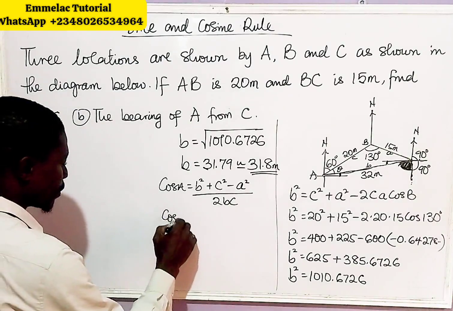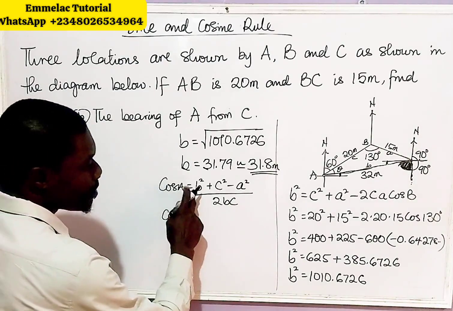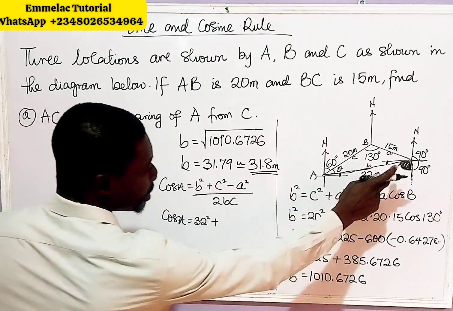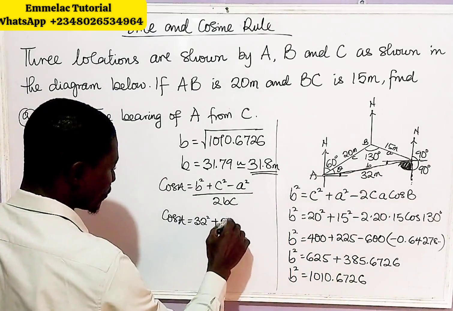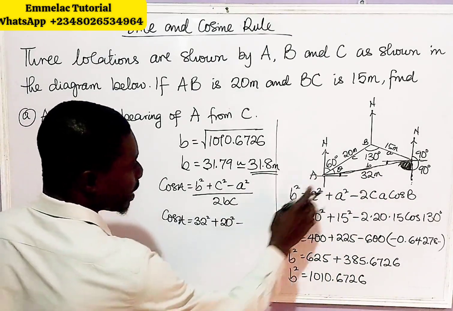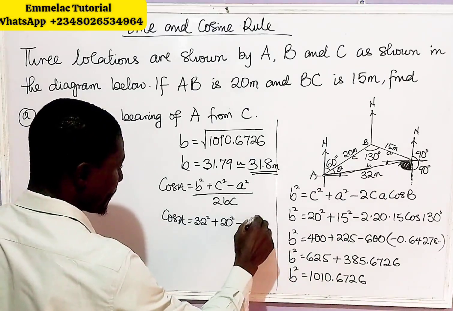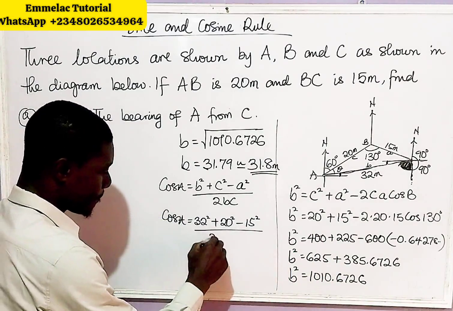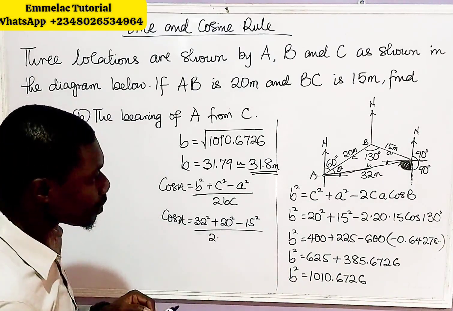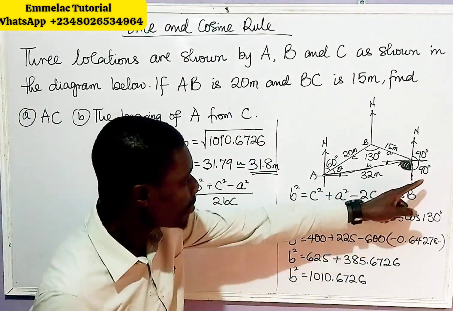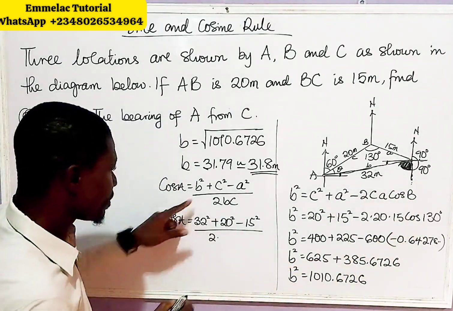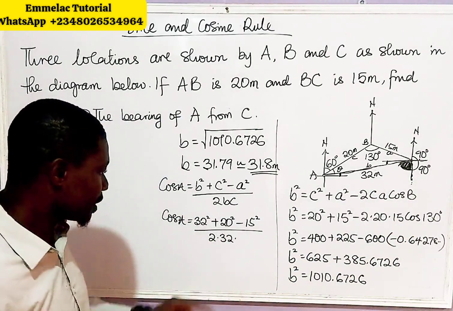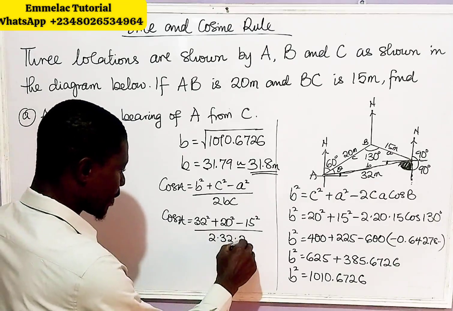So cos A will then be our b here, 32 squared, plus our c, 20 squared, minus our a, 15 squared, all over 2 times our b, which is 32, times our c, which is 20.